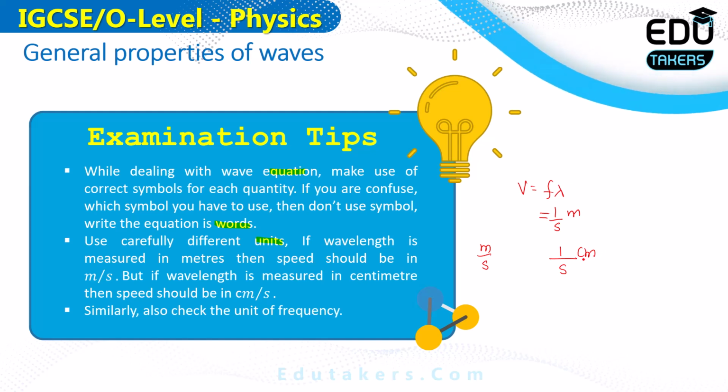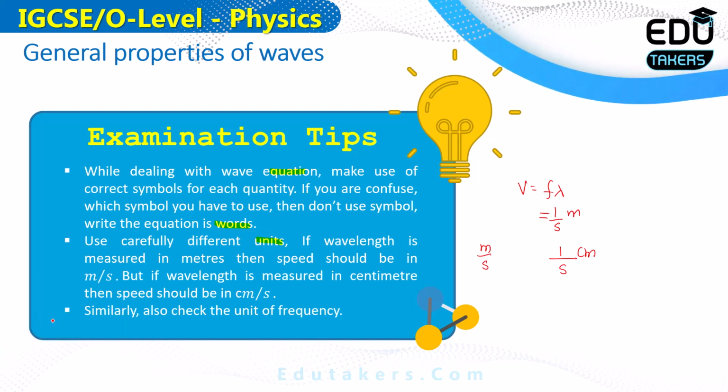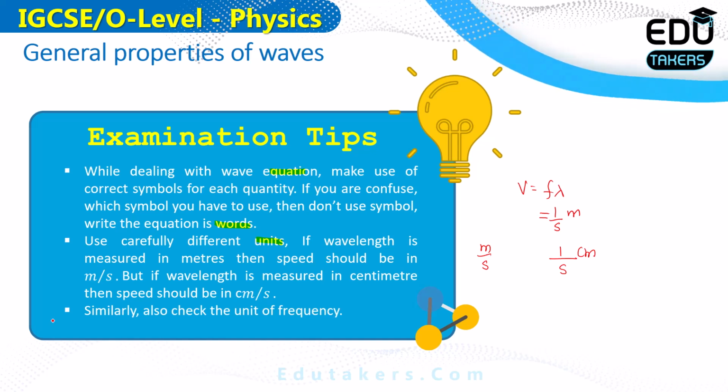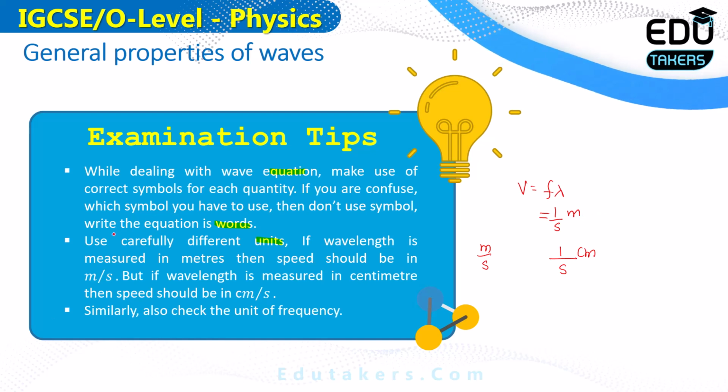You have to be very careful about this unit. Basically, the unit of the speed depends upon the unit of the wavelength. If the wavelength is measured in meters, then the unit of the wave speed is meters per second. If the wavelength is measured in centimeters, then the unit of the wave speed is centimeters per second. The same thing is given here.